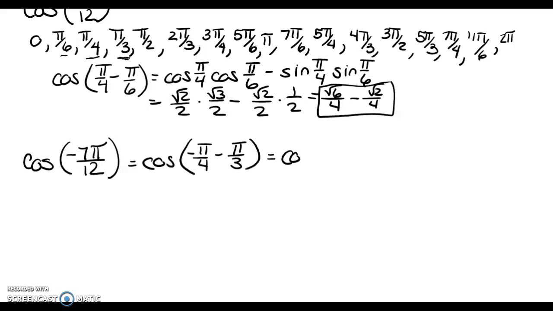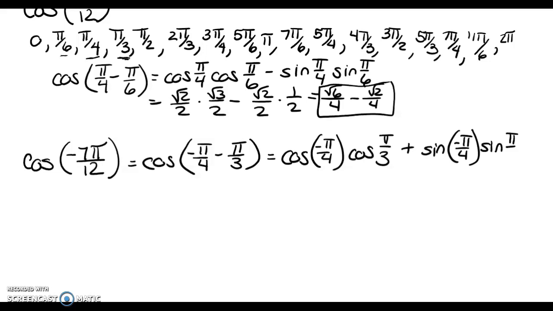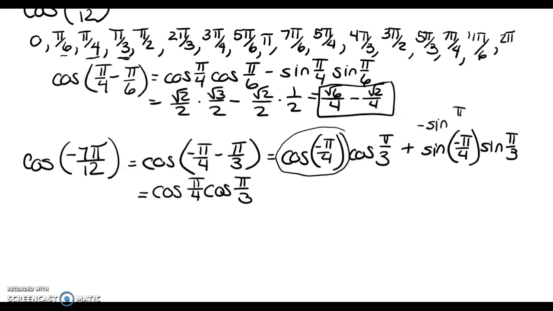So this is going to be negative pi over 4 minus pi over 3. And that's going to come down to the cosine of negative pi over 4, cosine of pi over 3, plus sine of negative pi over 4, sine of pi over 3. And for my negative angle identities, I know that the cosine of a negative angle just equals cosine of pi over 4, cosine of pi over 3, plus, and I know the sine of a negative angle is equivalent to negative sine of pi over 4.